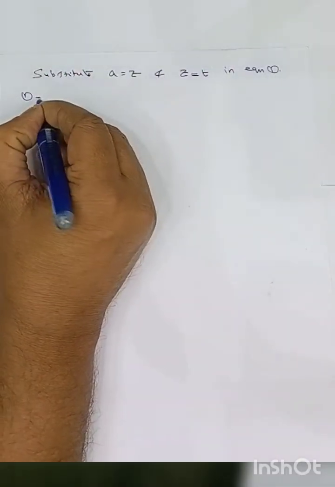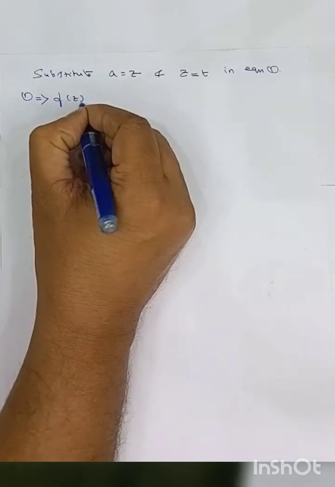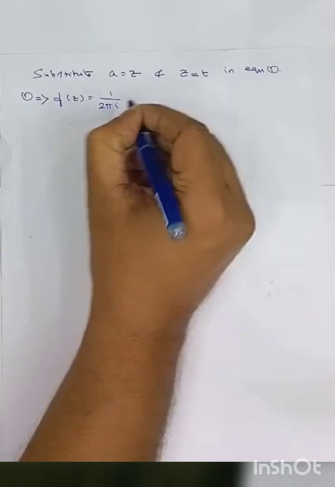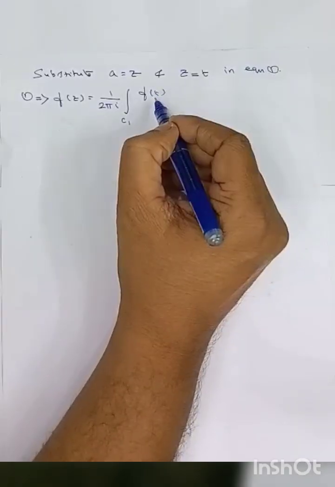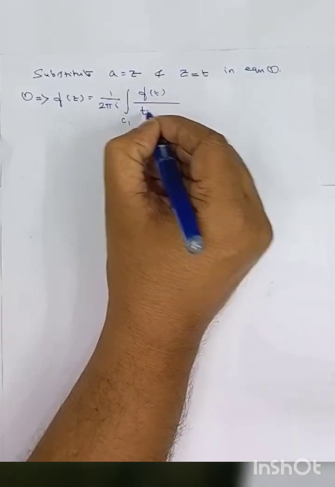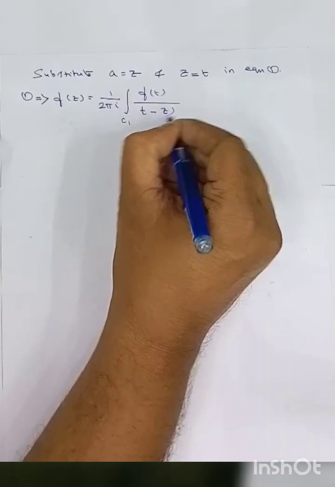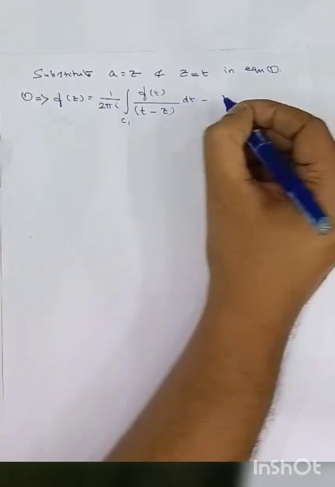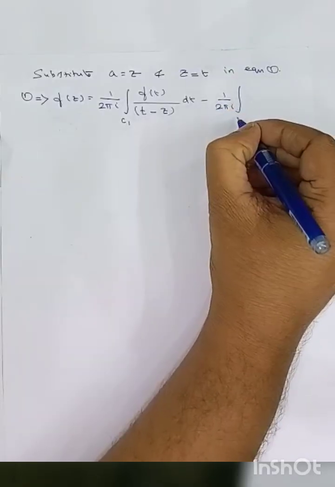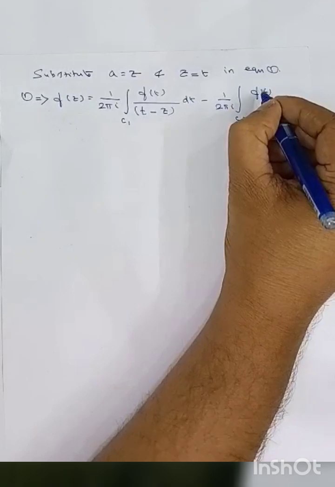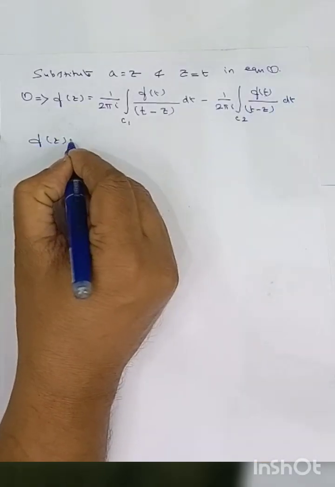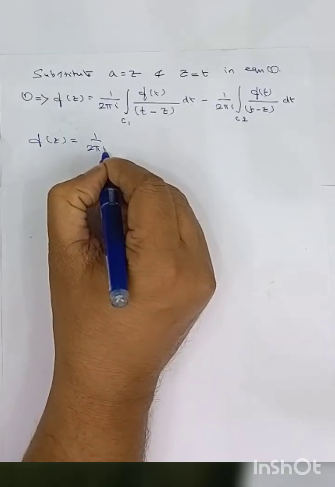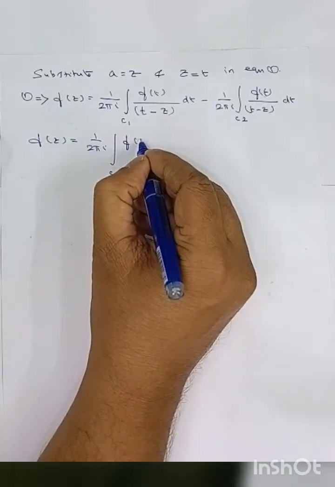So equation 1 becomes f of z is equal to 1 by 2 pi i integral C1 of f of t, instead of z you substitute t, so f of t divided by (t minus z) into dt, minus 1 by 2 pi i for another circle C2 of f of t divided by (t minus z) into dt.